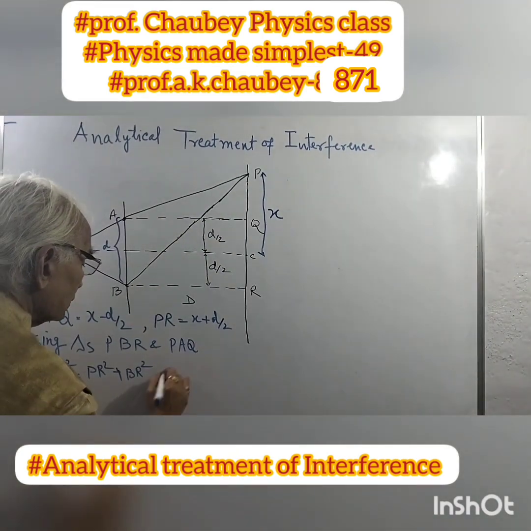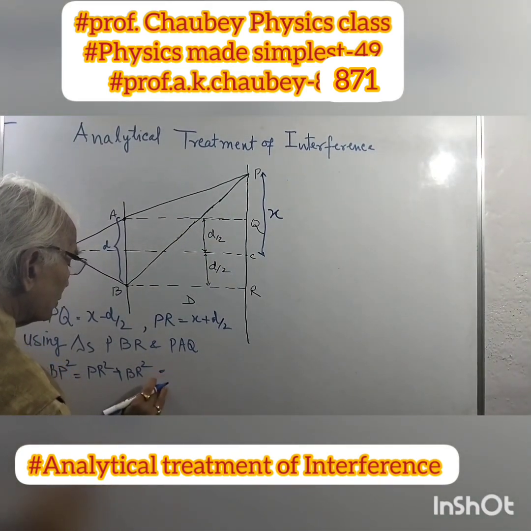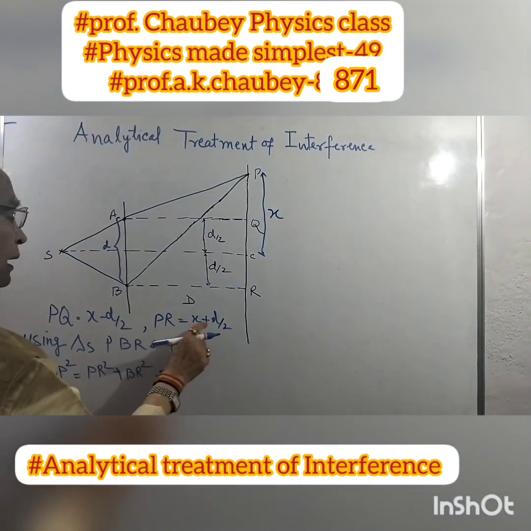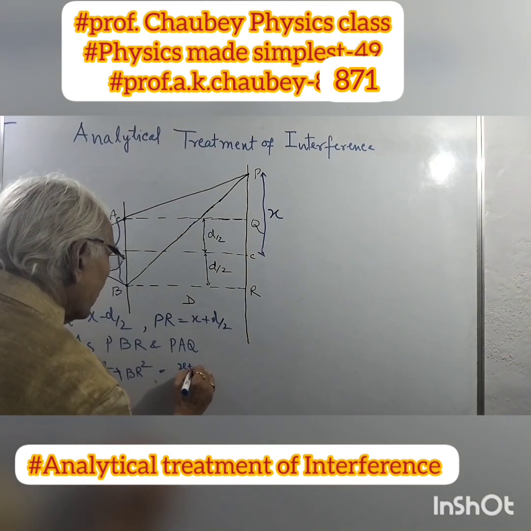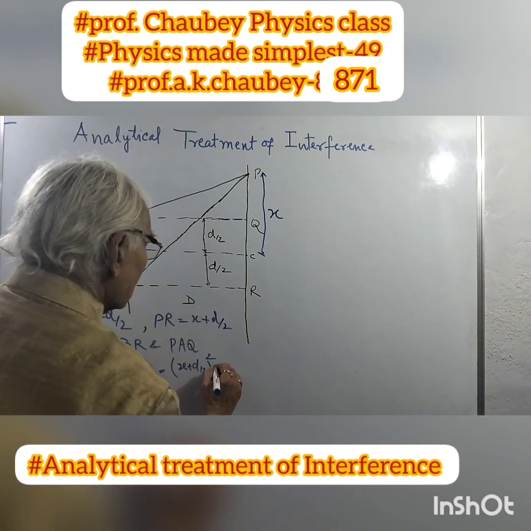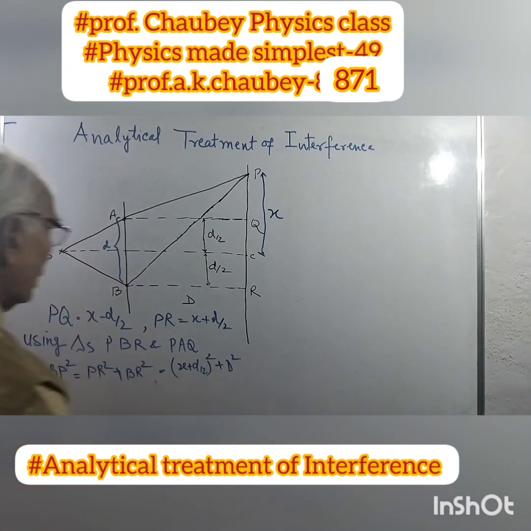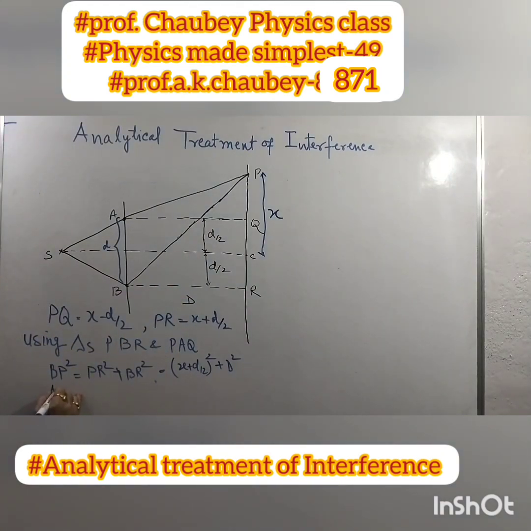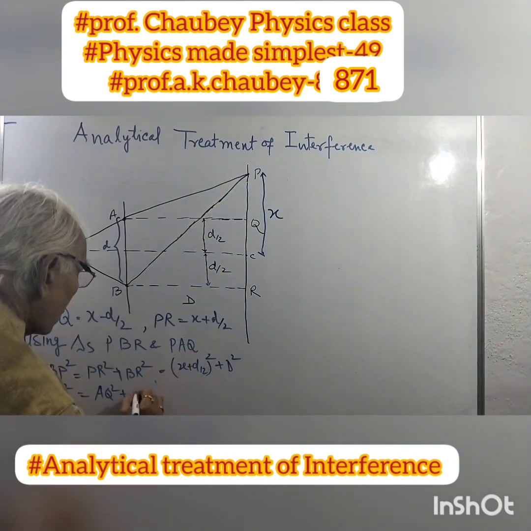Therefore, you can further write that BP square is PR square. What is PR? PR I have written here, x plus d by 2. So (x plus d by 2) square plus this BR square, which is capital D square. And you can also write AP square, that's AQ square plus PQ square.